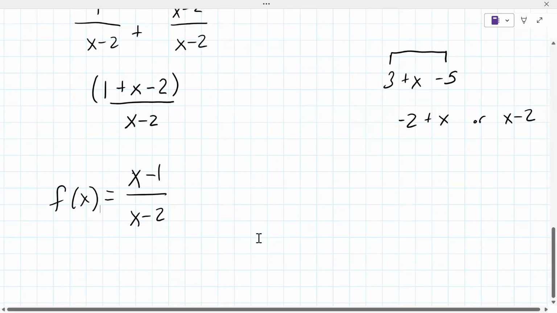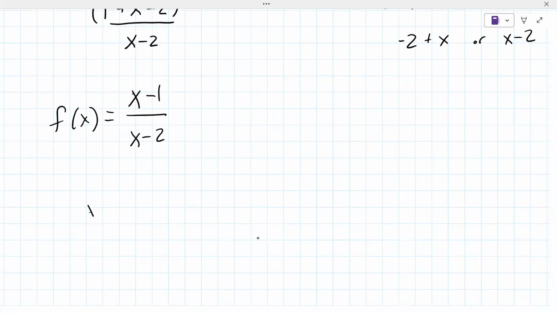Okay, so now we can talk about how to find the x-intercept. You find the x-intercept by setting the top equal to 0. Which is the top? Yeah, the x minus one.